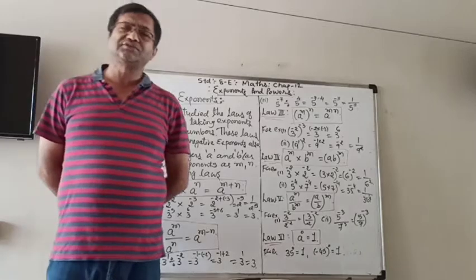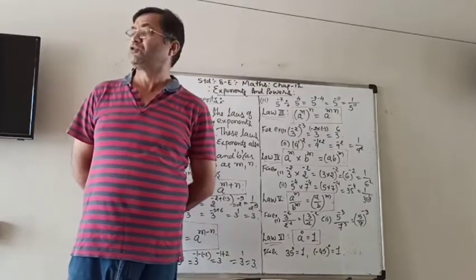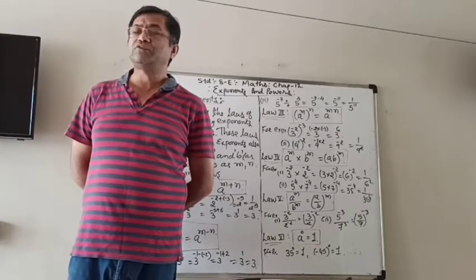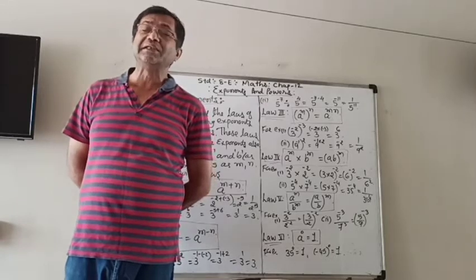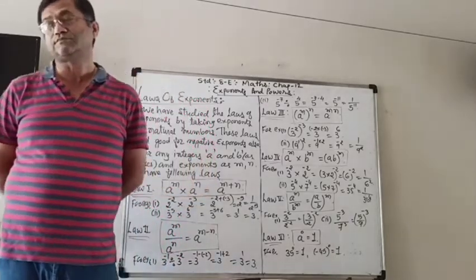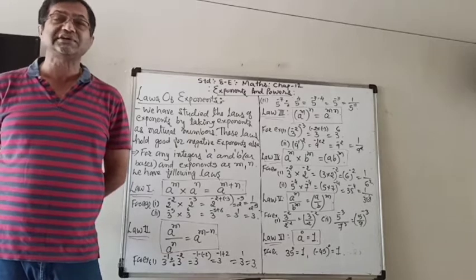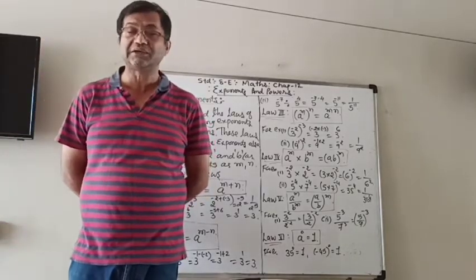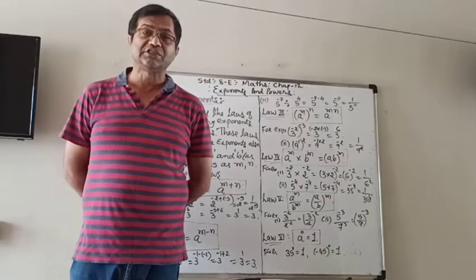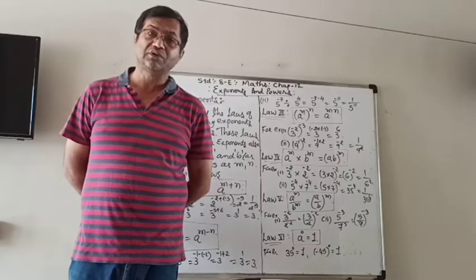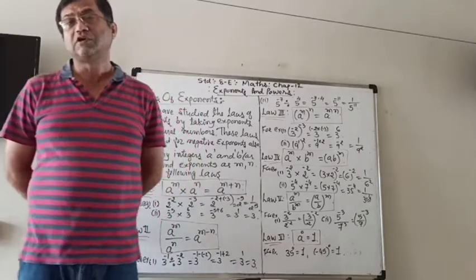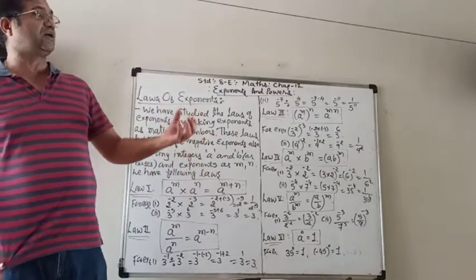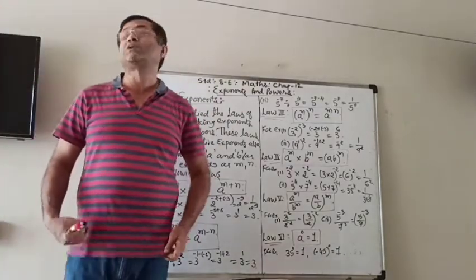All those laws also hold good if we take negative exponents also. So let us recall all those laws of exponents that we learned with the positive or natural numbers, but now we are going to revise them with negative exponents also.